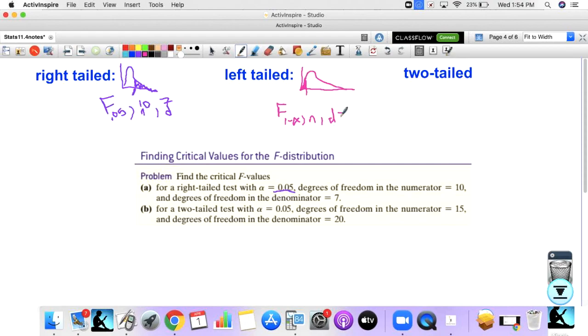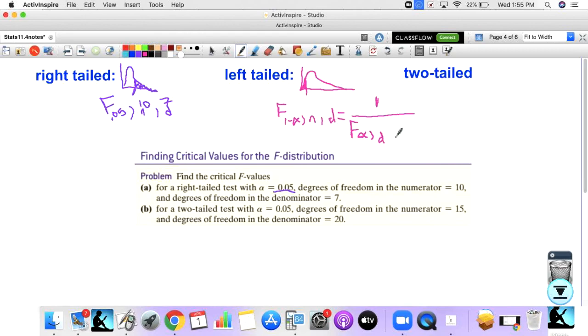Now, I want you in your notes to also have that this value is going to be the exact same thing as 1 over the F of the original alpha. So we'll put alpha, we won't put 0.05 there. But instead of having your numerator as your first one and your denominator as your second one, you're going to flip-flop those two numbers.